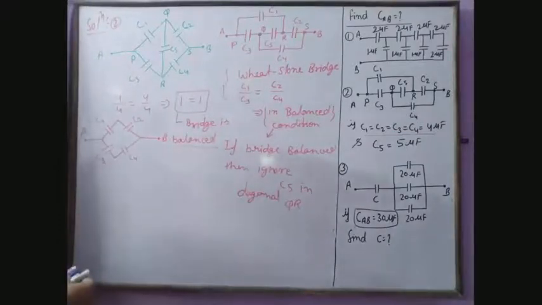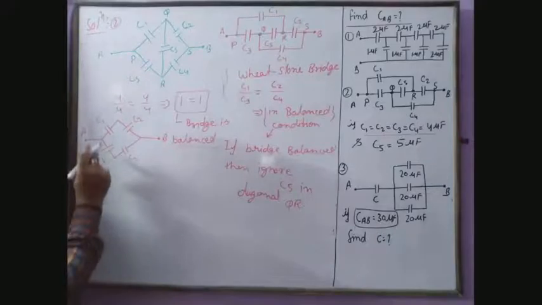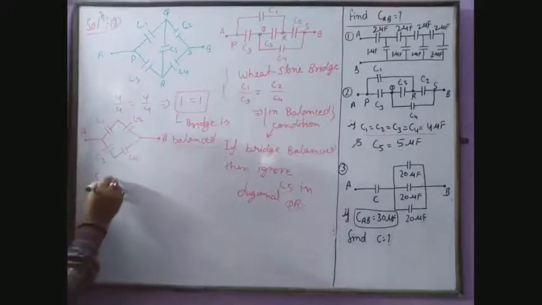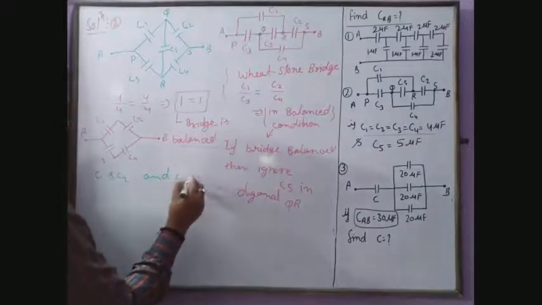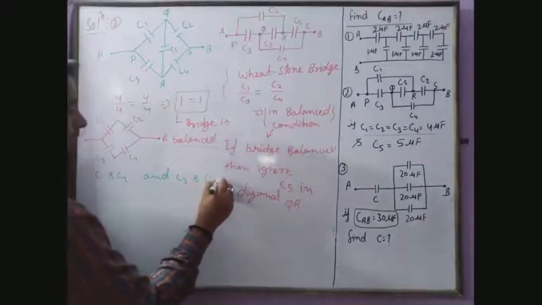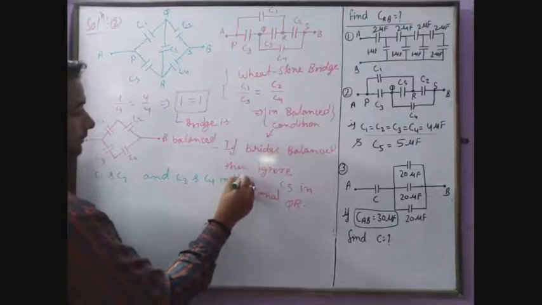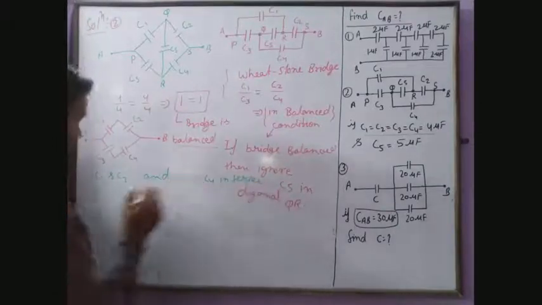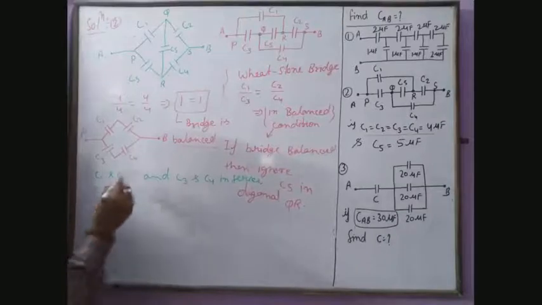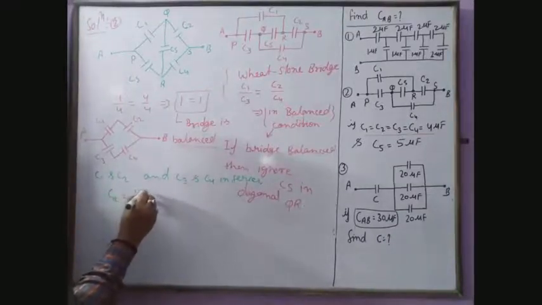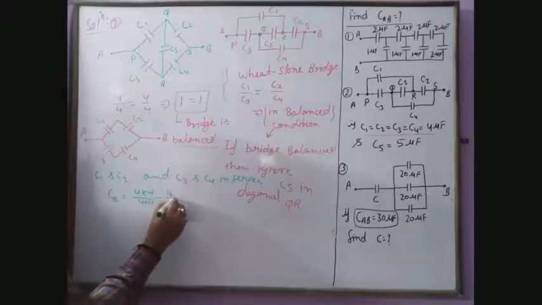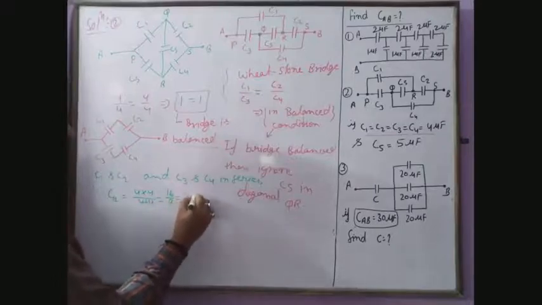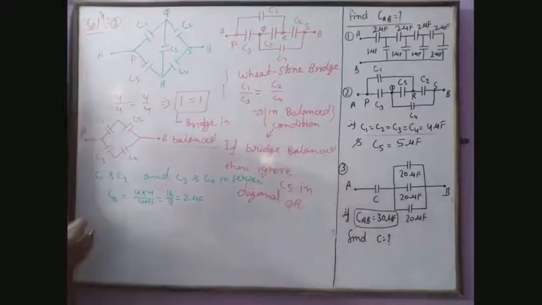Okay, now here C1 and C2 and C3 and C4 are in series. Clear? Therefore we calculate here C1 C2 is 4 into 4 by 4 plus 4. We get this result, 16 by 8, which is 2 microfarad.